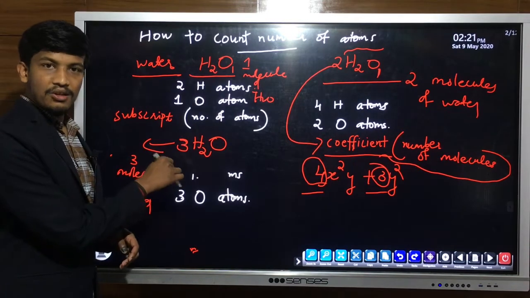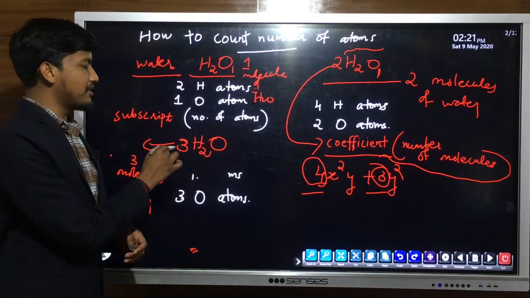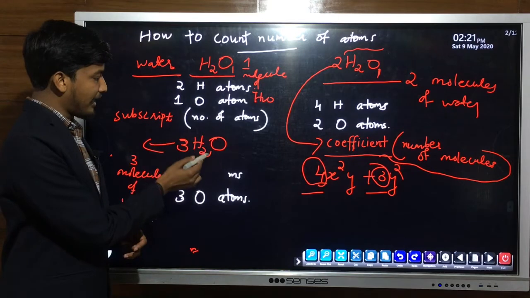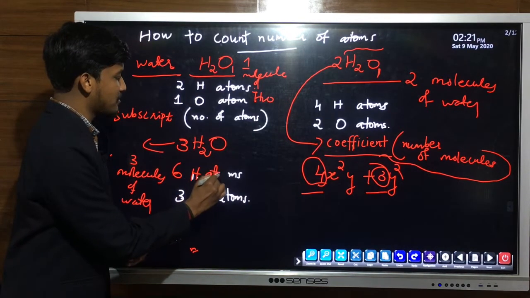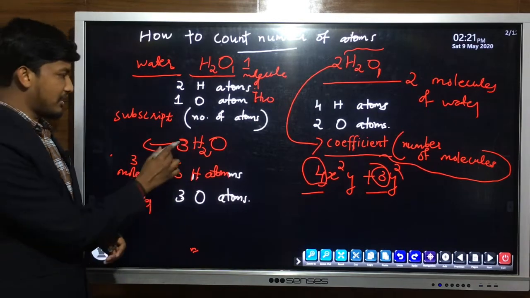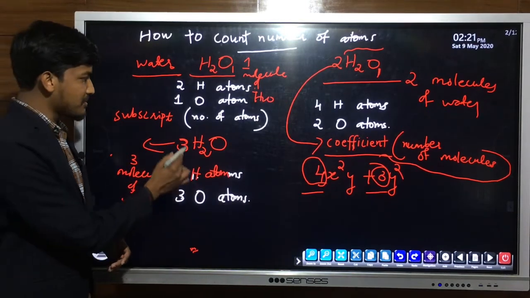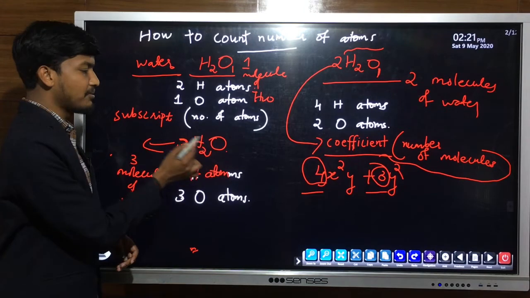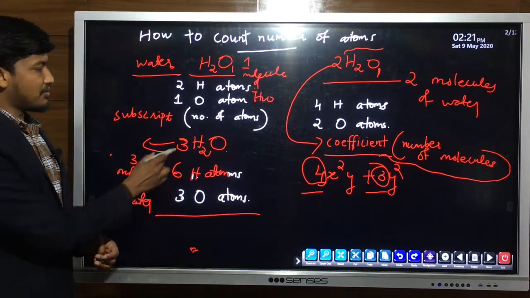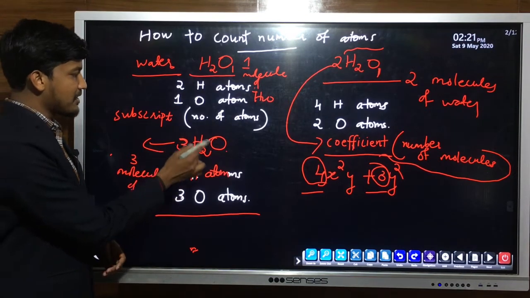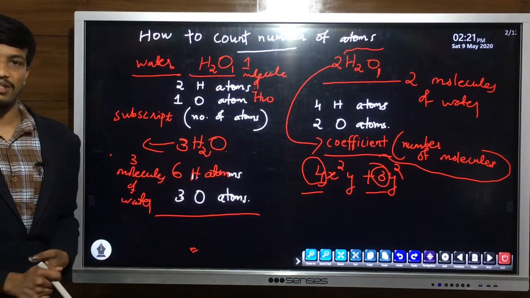Since 3 is the coefficient, we have to multiply each atom by 3. So hydrogen atoms, 3 into 2, 6. There are 6 hydrogen atoms, because 3 2s are 6. Now the number of oxygen atoms, 3 into 1, 3 oxygen atoms. So 3 2s are 6 hydrogen atoms, 3 ones are 3 oxygen atoms.